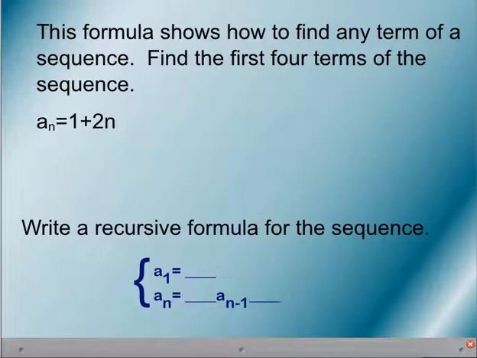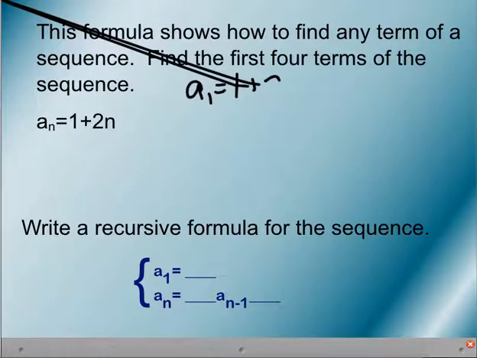Let's try another one. We are given the formula a sub n equals 1 plus 2n. Well, this isn't a recursive formula, but we need to write one. So let's find the first 4 terms of the sequence so that we can say, what is our pattern between numbers? So we say a sub 1 is 1 plus 2 times 1, which means I get 2 plus 1, which is 3.